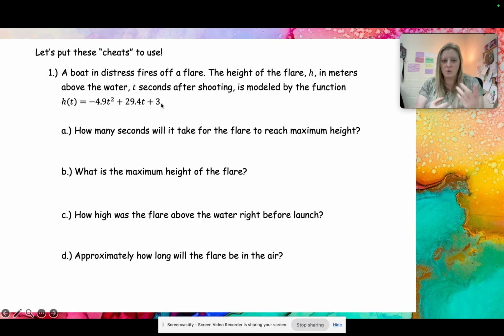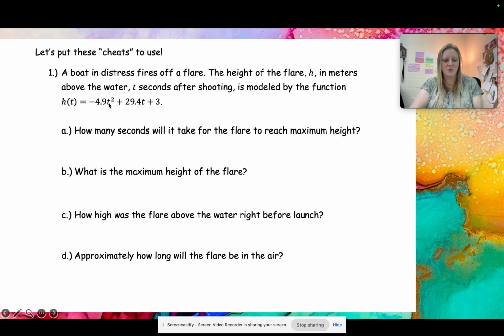Now, what all that wordage means is here's the formula that tells you the height based on the number of seconds. So T stands for time, H stands for height. That's why most of these formulas will use H and T. We used to use f of x. That's what we're used to seeing. But word problems like these like to use H and T for height and time. So it doesn't change what we're going to do. It's just a formality thing.